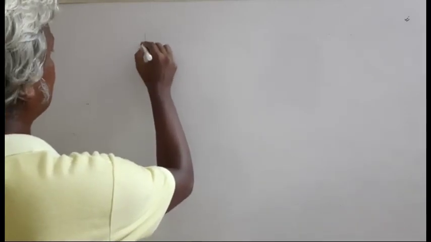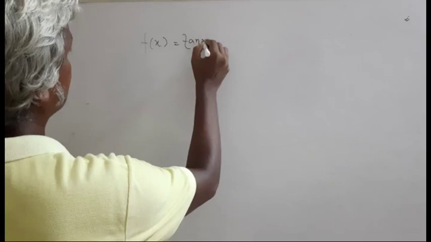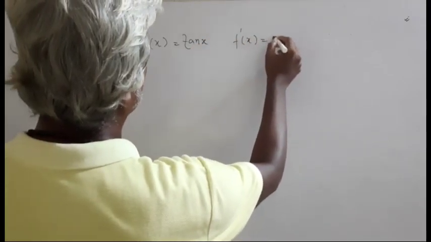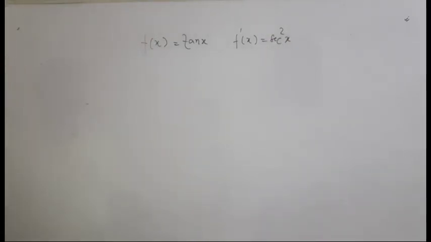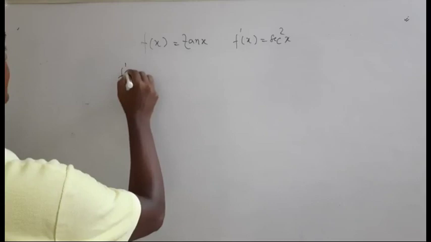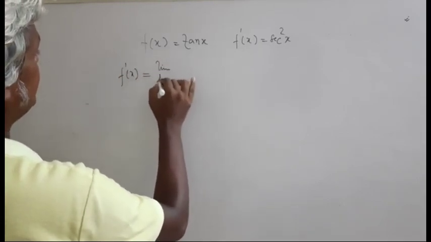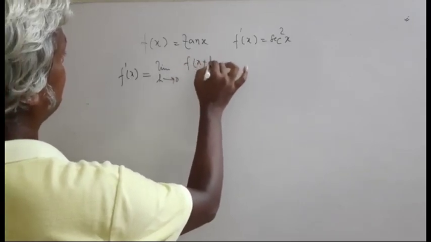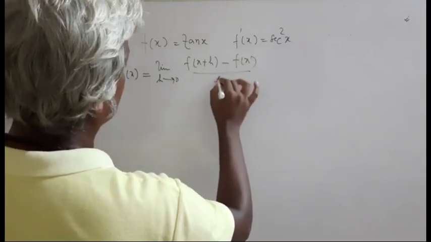Now I take another function, f(x) is tan x, and its differentiation, that is f dash x, equals sec square x. So again we'll go by the formula that f dash x is limit h tends to 0, f(x plus h) minus f(x) over h.